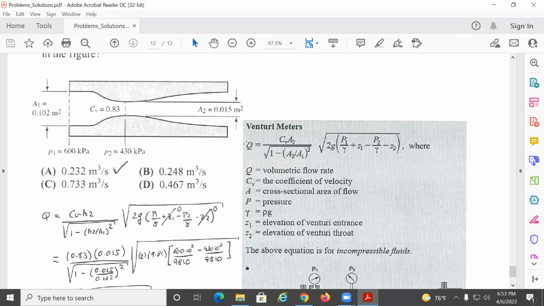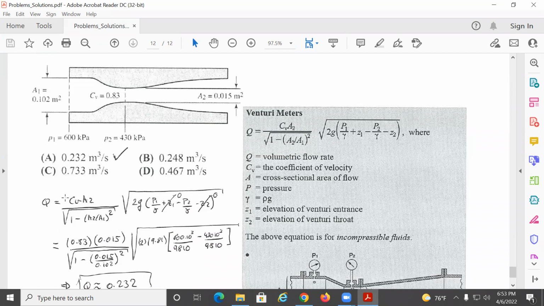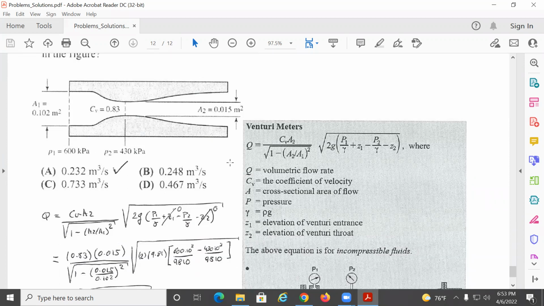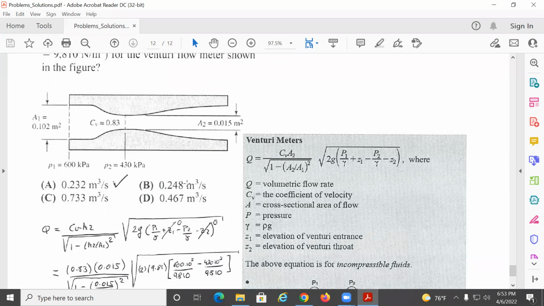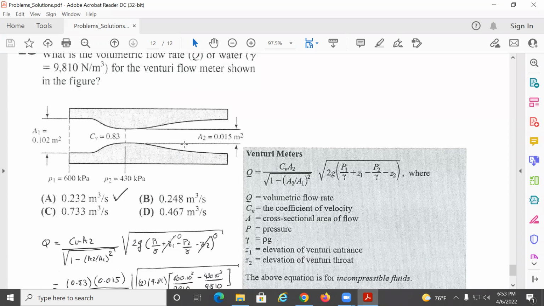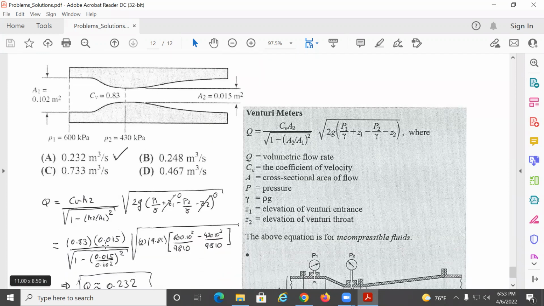So if you substitute over here just from this equation, direct application, C_v A2 over here. All right, so let's see. The coefficient of velocity, was that given to you? Yeah, 0.83. A1, A2. So you have 0.83 times 0.015, which would be the A2, 1 minus 0.15, 0.102 squared, 2g times P1, 6,000.